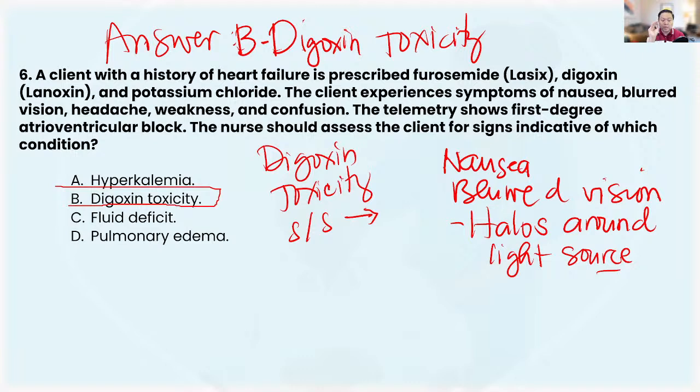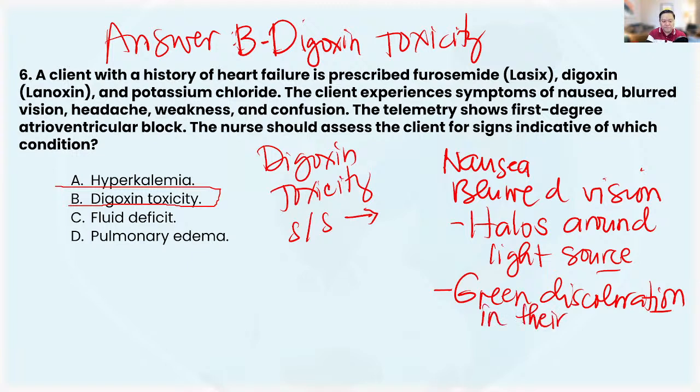And that is one of the signs of digoxin toxicity. And they're also going to see that green discoloration. Okay, this is probably something that will come out in the exam. Green discoloration in their visual field.